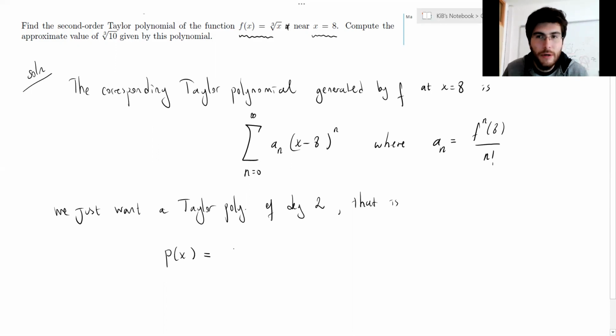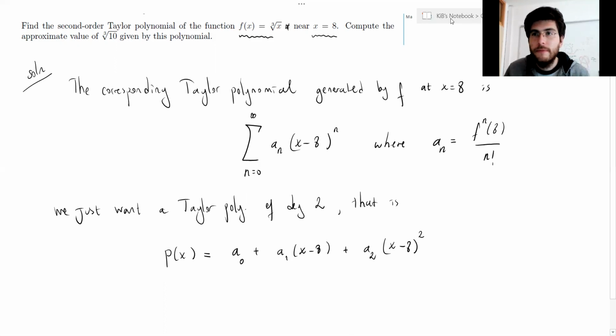Since you have a degree 2 polynomial, you have, for instance, the constant term. This is exactly when n equals 0, plus the first order term. You see, the degree of x is 1, and the second order term. So the degree 2 terms are contributed from here.